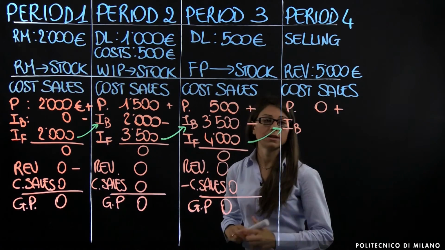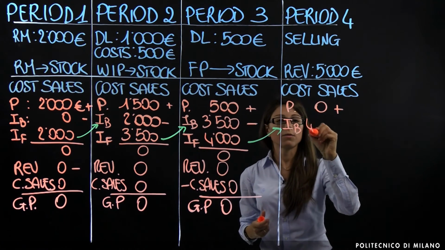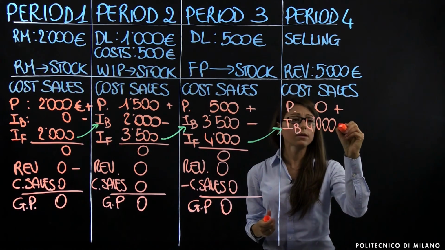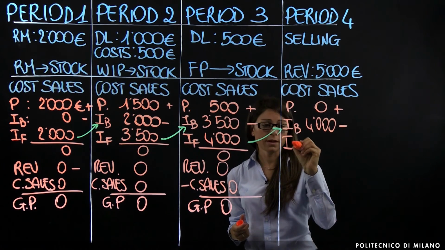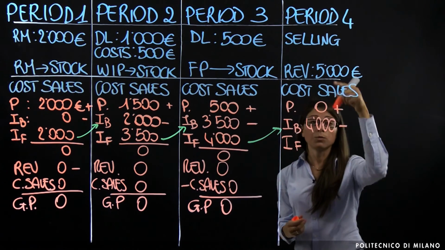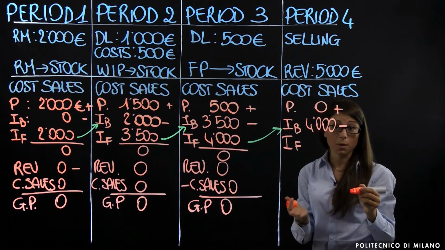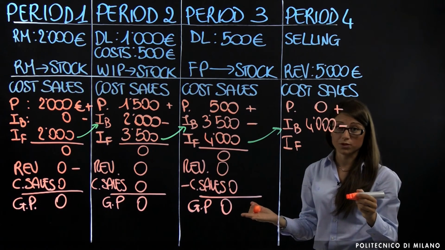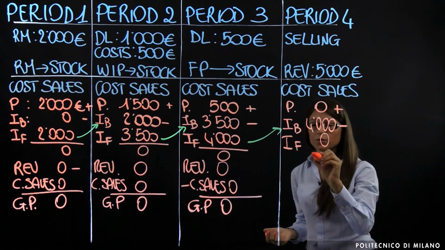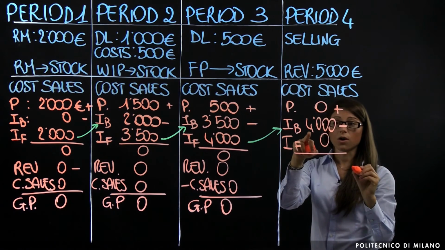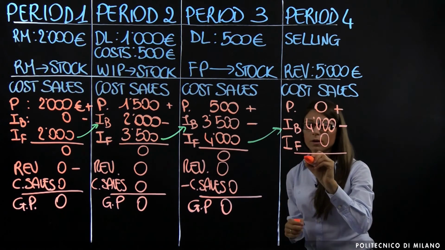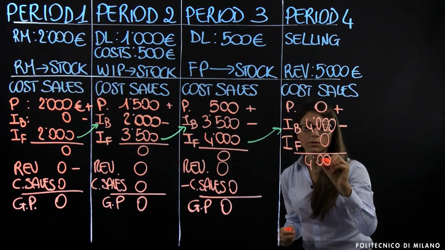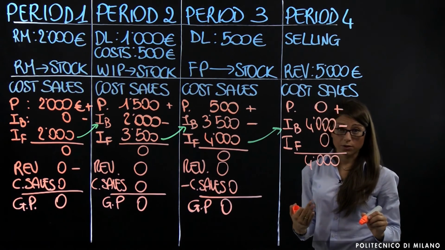So the initial inventories are 4,000 euros, minus the inventories at the end of the period. And we do not have any final inventories because the company was lucky and was able to sell everything. So the final inventories are 0, so the cost of sales for period 4 is 4,000 euros. Now let's calculate the gross profit.